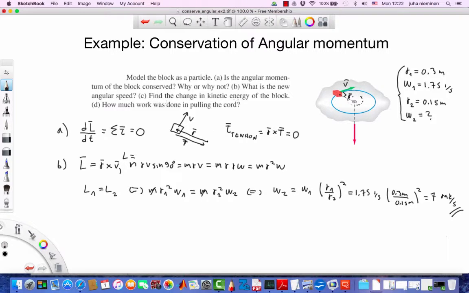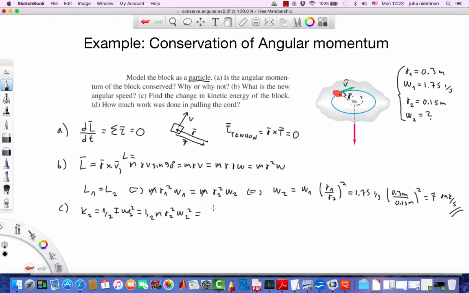And C, find the change in kinetic energy of the block. So the kinetic energy after, K2, is only rotational energy of the object. So 1/2 I omega 2 squared, and this is modeled as a particle, so its moment of inertia is just m times the radius, in this case r2 squared, times omega 2 squared.